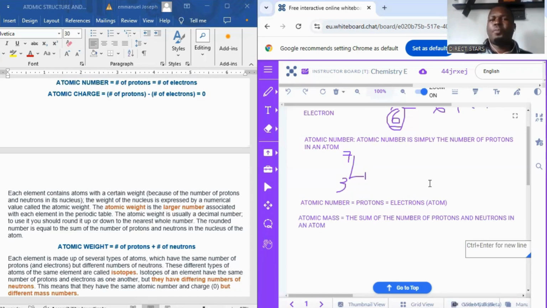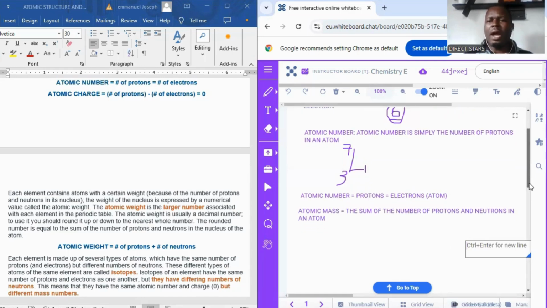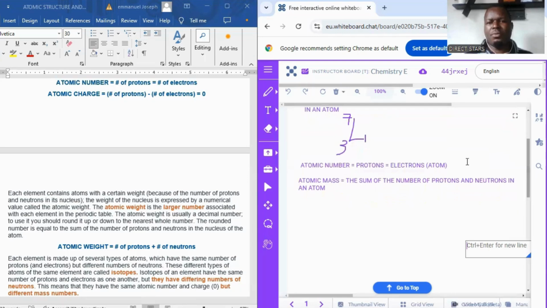Okay, now let's take an example, lithium now. We have our lithium atom, 7, 3, and lithium. Okay, we know the atomic number is 3.